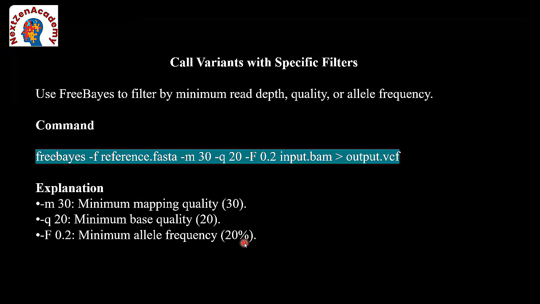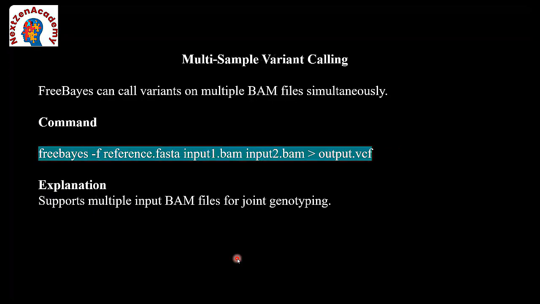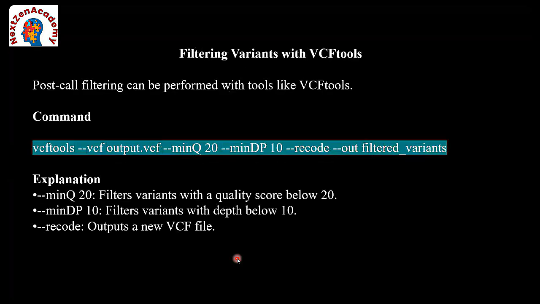And then the VCF file, we need to convert it into tabular format. We need to give the VCF file, query -f, and we need to get chromosome, position, reference, alteration, quality, and depth.